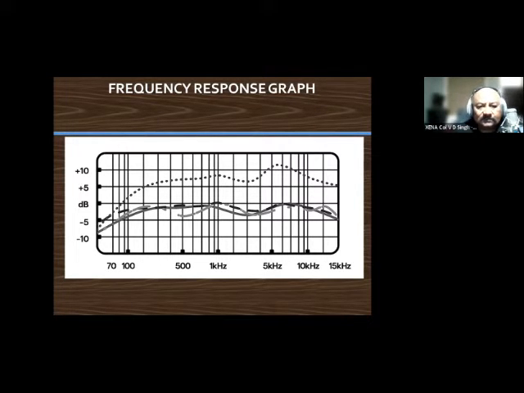Like in a microphone, its sensitivity will be shown in the form of a frequency response graph. So you will be able to judge which kind of microphone is suitable for your purpose, if you are a guitarist, a vocalist, or simply an orator.